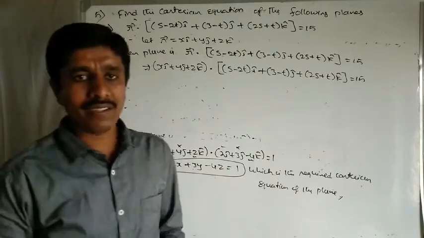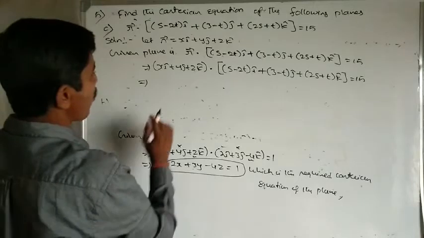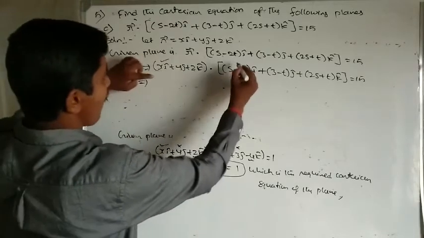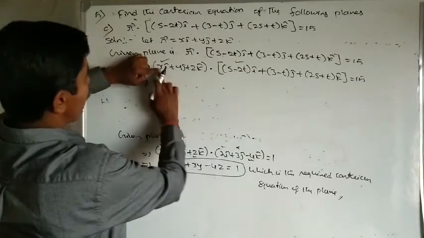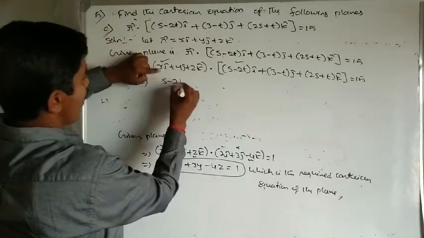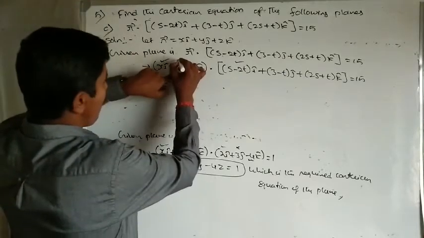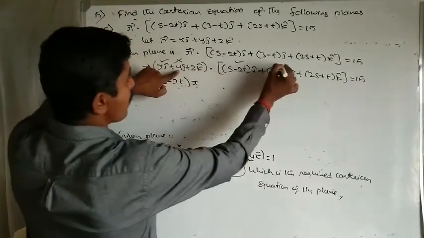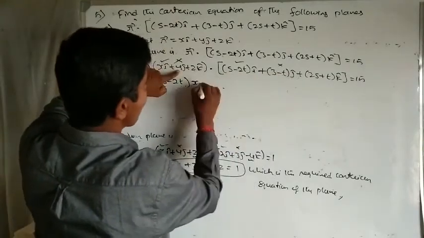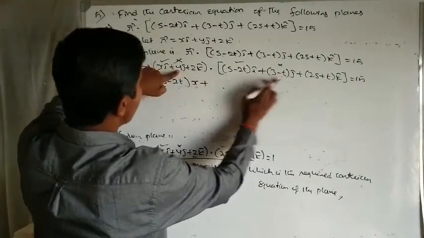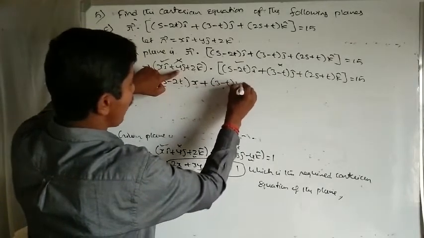First the i coefficients: x and s minus 2t, so (s minus 2t) into x. Now the j coefficients: y and 3 minus t, so plus (3 minus t) into y.